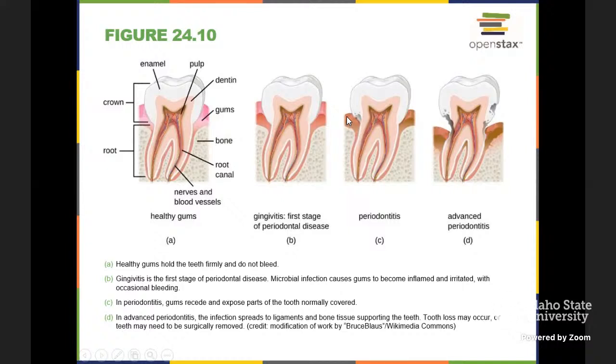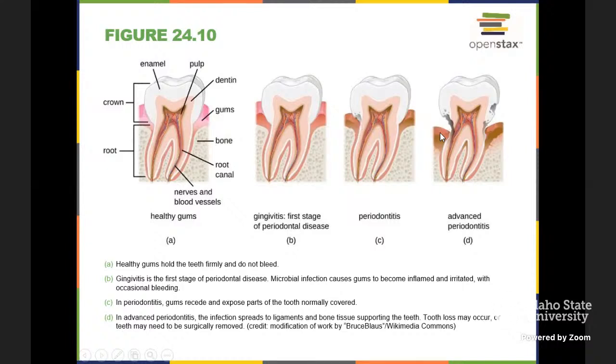So we can see the gum line starting to recede. The enamel of the tooth goes under the gum line, and as that gum line recedes, it provides the potential for that thinner layer of enamel to start getting degraded.